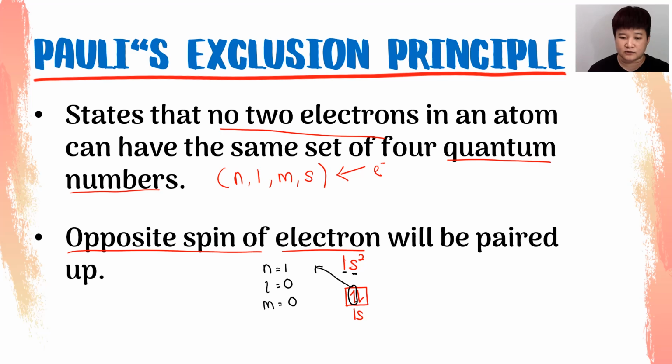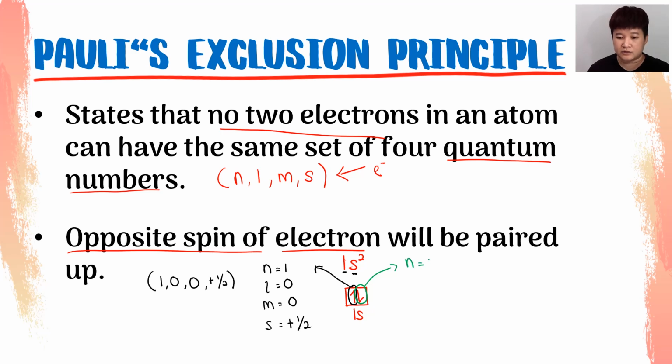And since the electron is going upward, it's clockwise, and s becomes positive half. So the quantum numbers for this electron will be 1, 0, 0, positive half. While another electron will have a different set of quantum numbers, but very similar.